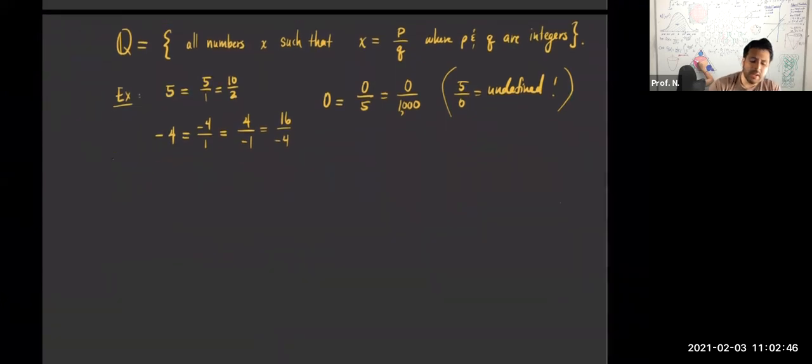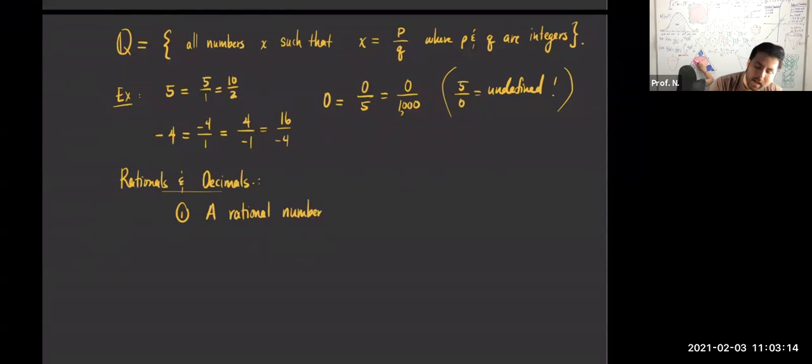And then there's a connection between fractions and decimals. I should write it as rationals. So what's the relationship between rational numbers and decimals? Well, a rational number has a terminating decimal.